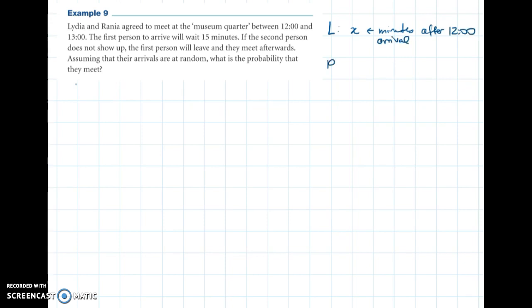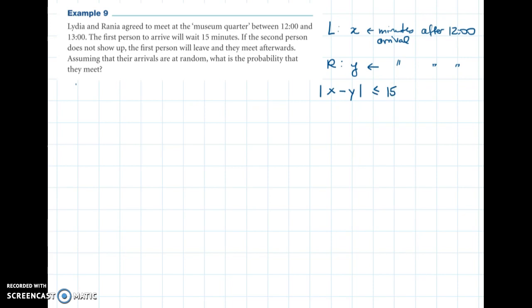And for Rania, I'm going to call Y, similar, minutes after 12 arrival. So what we're saying is if we want them to meet, what we want is to be there with not more than 15 minutes of difference. So we want the difference between X and Y in absolute value, because we don't care who's arriving first, to be less or equal than 15.